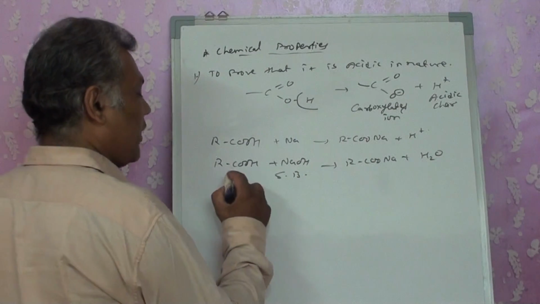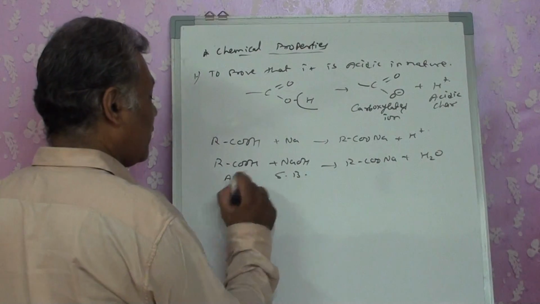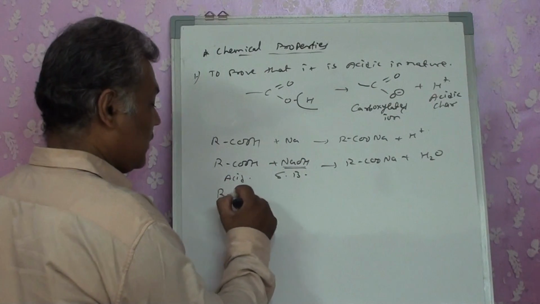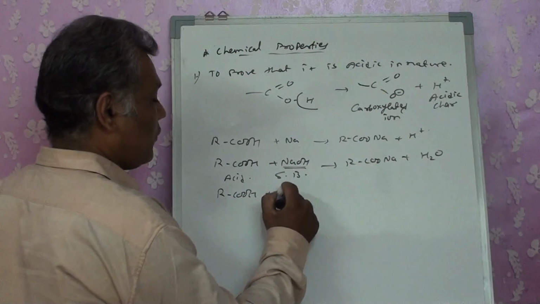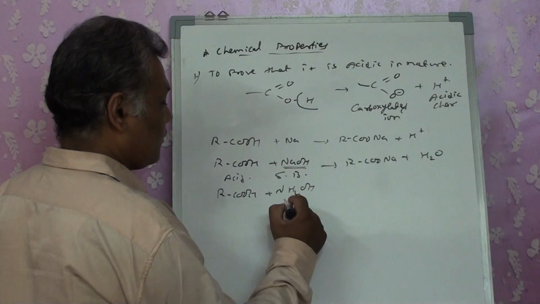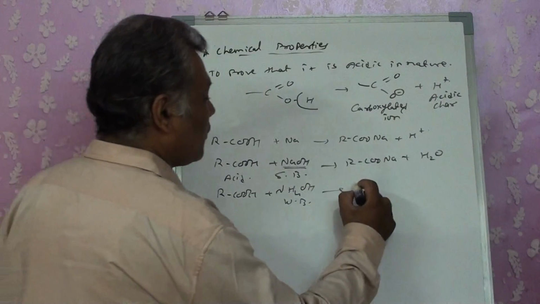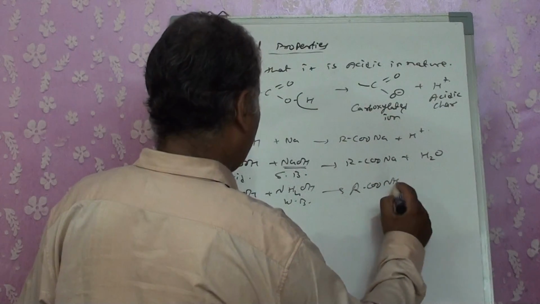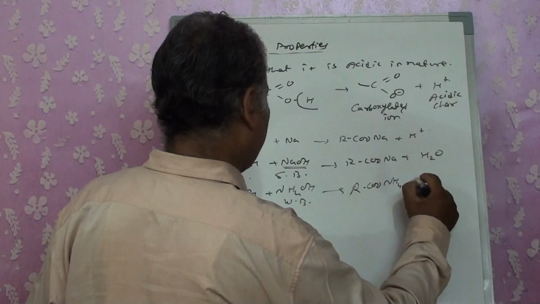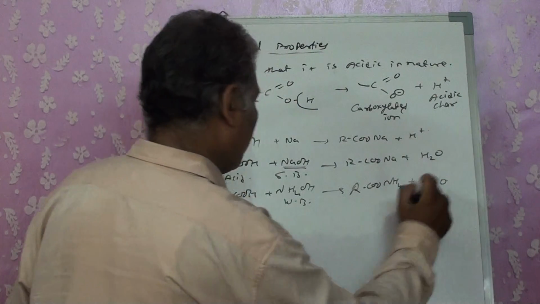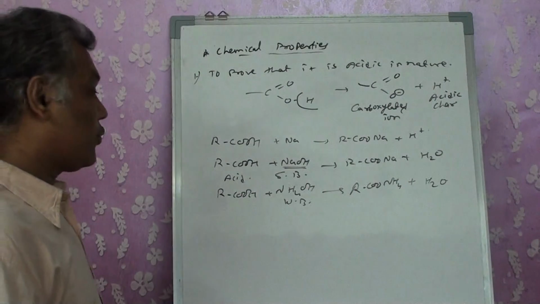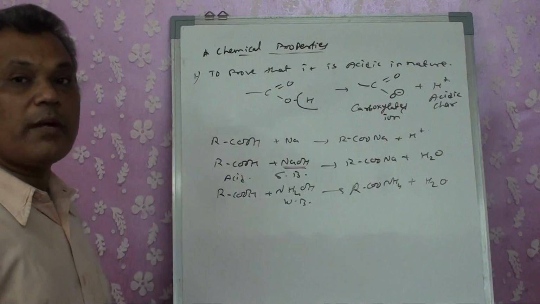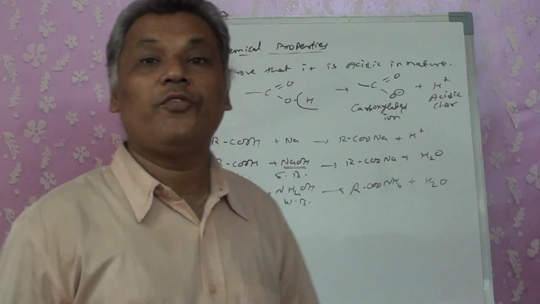So because it reacts with a base, you can say that this component is an acid. It not only reacted with strong base, this acid reacted with weak base also. It also produces RCOONH4 plus H2O, right? So this shows that carboxylic acids are acidic in nature, but what type of acidic character? They are weak acids.